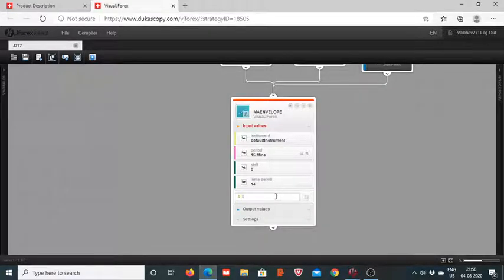So instead of bothering to sit in front of the screen all day long, all you have to do is define these parameters here on this block, and it will do your job effortlessly.